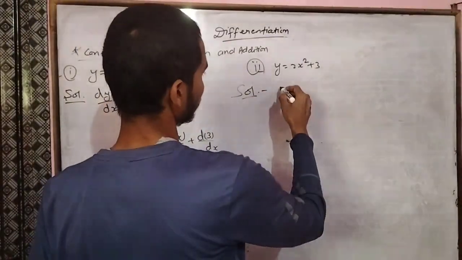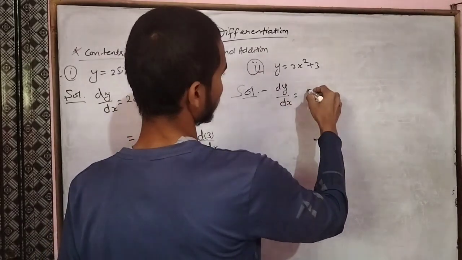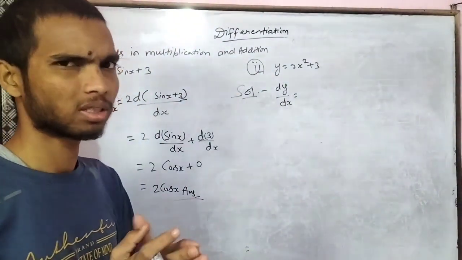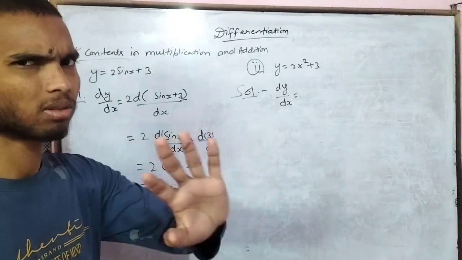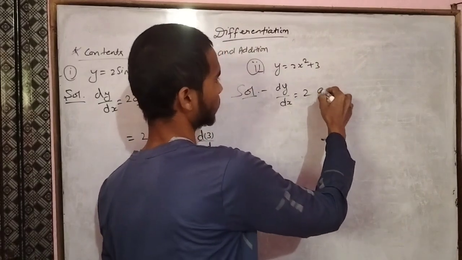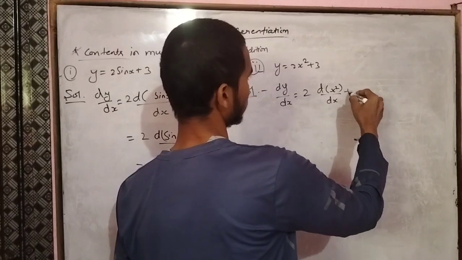Now next. Here 2 we will write separately. This is a product. Now first term, d by dx of x squared, then the second term, 3.